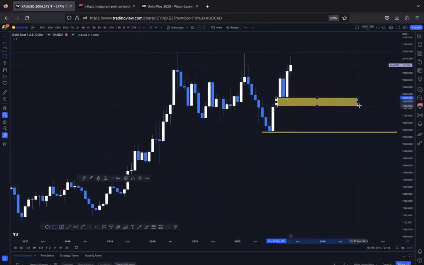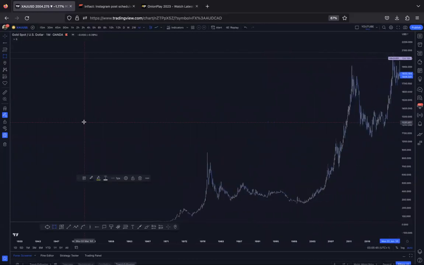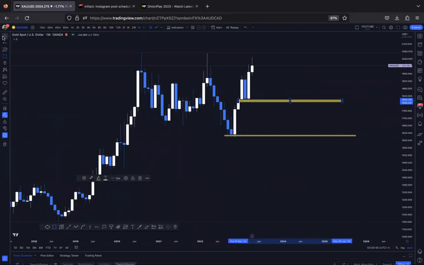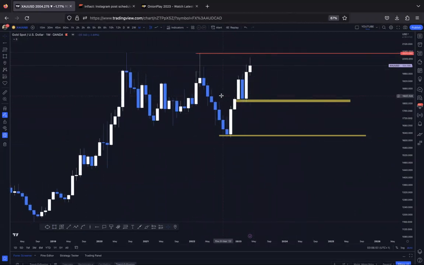And above here, it looks like gold is making an all-time high. So there is not really any high above here. So because of that, we'll just highlight this high here. If price breaks here, that will be the all-time high, which means this is the highest level gold has ever been to.